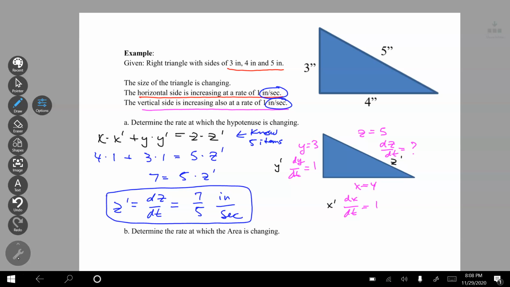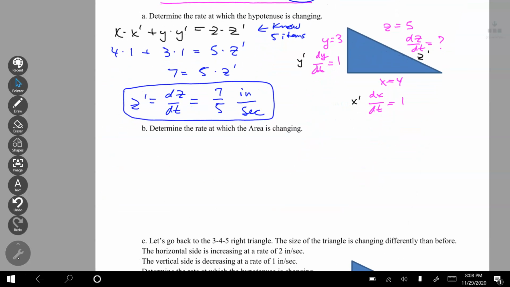Okay, now let's see how the area is changing. Well, for a right triangle, I know area is equal to 1/2 base times height, or in this case, 1/2 side x times side y. And oh my goodness, looks like we're going to have to use product rule.